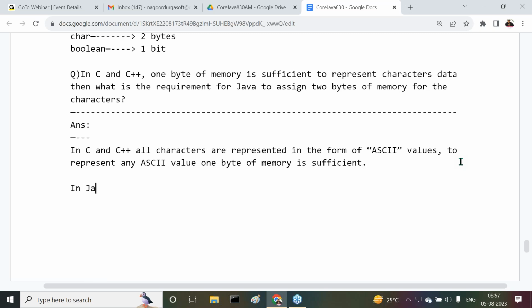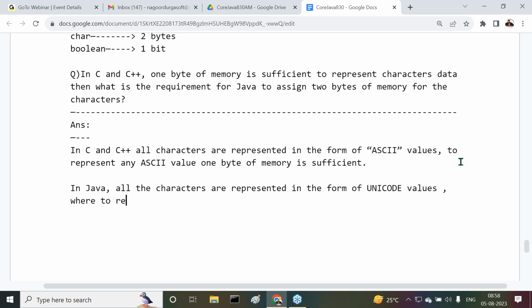But in Java, listen carefully. Why is Java assigning 2 bytes of memory? I'm giving clarity. In Java, all the characters are represented in the form of Unicode values. All the characters are represented in the form of their Unicode values.